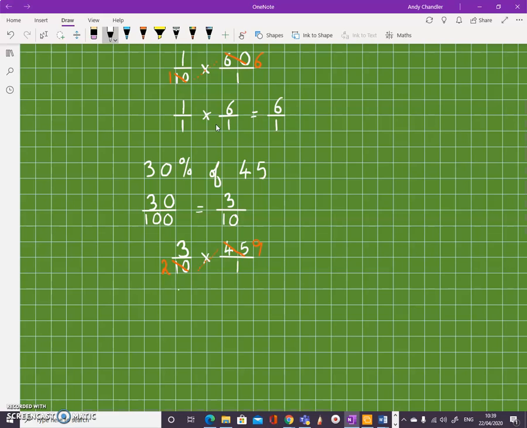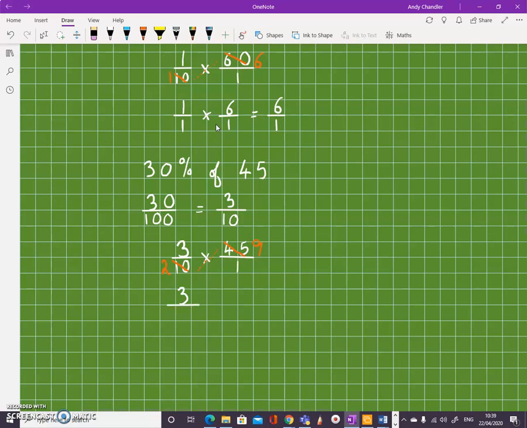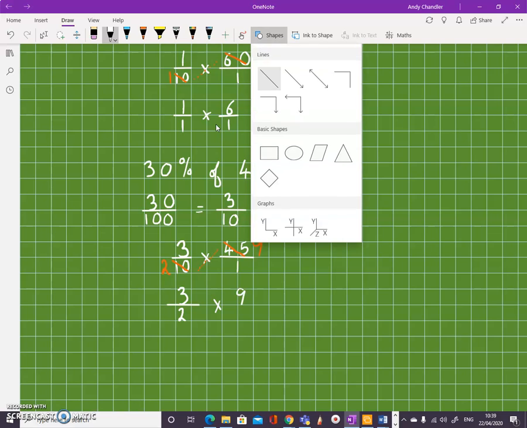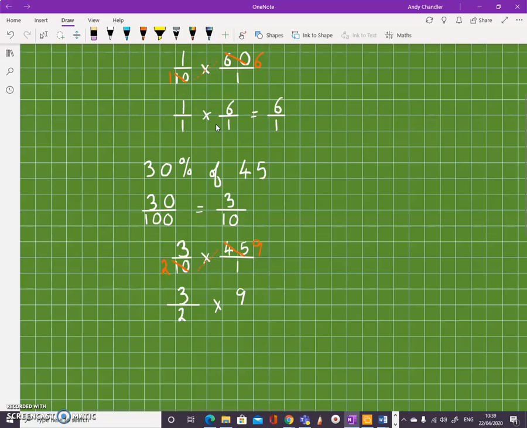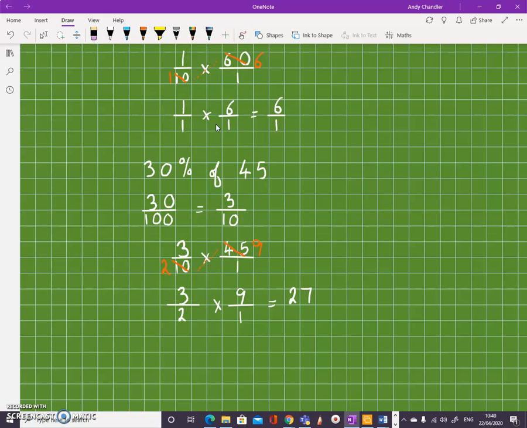So my new question is 3 over 2 multiplied by 9 over 1. Multiplying straight across, 3 times 9 is 27, and 2 times 1 is 2.